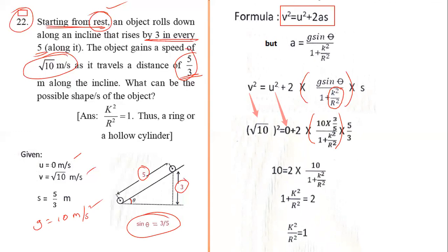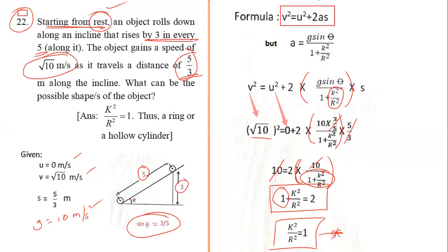So g sine theta divided by 1 plus k square by r square, into 5 by 3. So this 5 by 3 and this 3 by 5 get cancelled. So 2 into this 10, so here 10 upon 1 plus k square by r square. This root 10 square is 10, so this 10 gets cancelled. So this 1 plus k square by r square we can transfer to this side. So we get 1 plus k square by r square is equal to 2. So this 1 we can shift to that side, so it is 2 minus 1, 1. So we get k square by r square is 1.